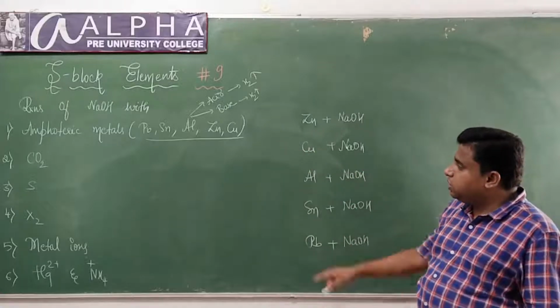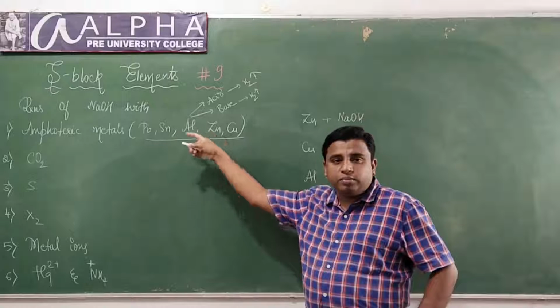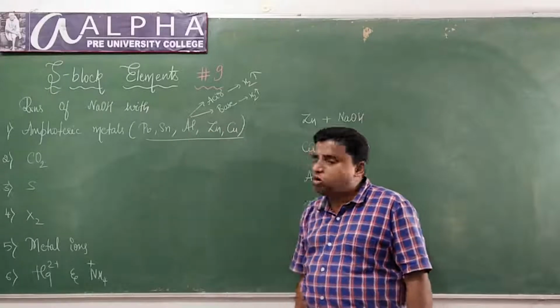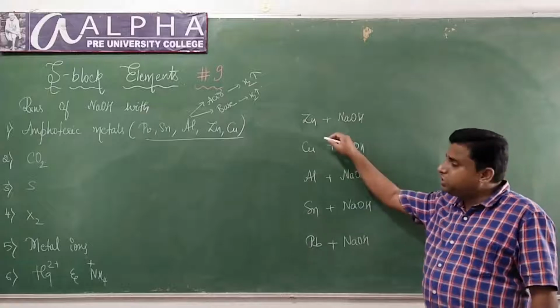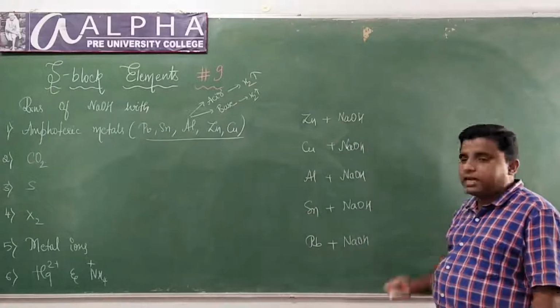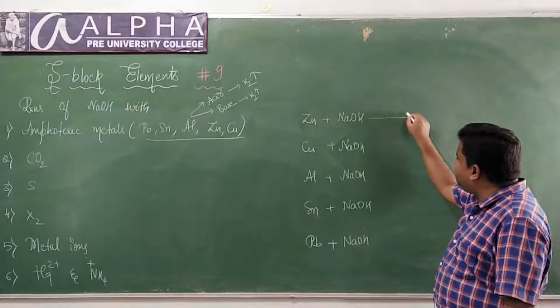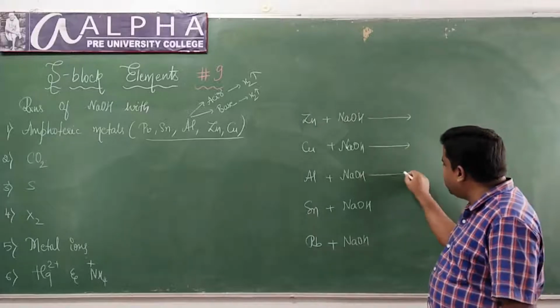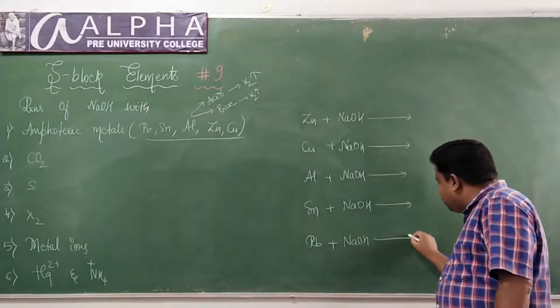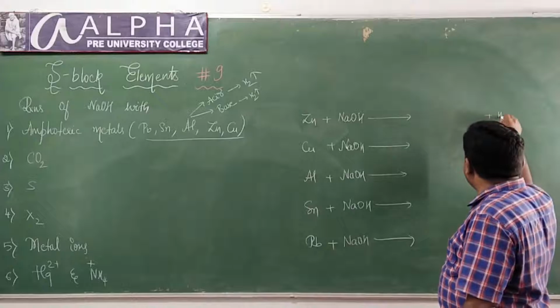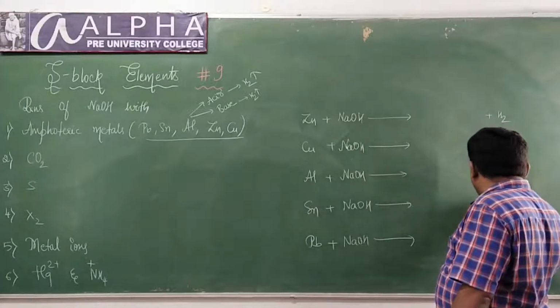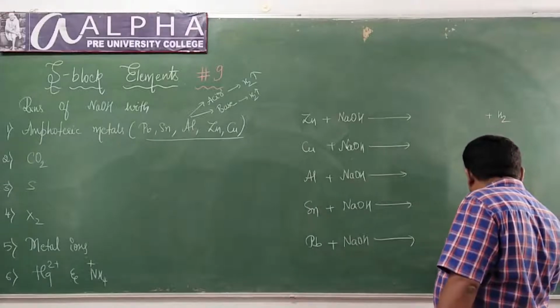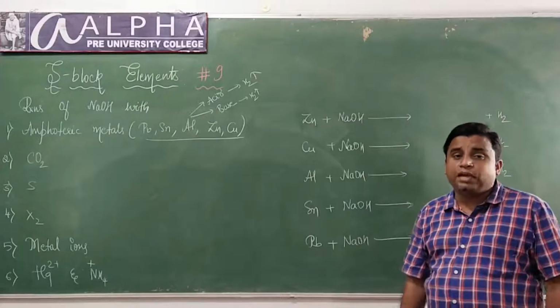So what happens when these amphoteric metals react with sodium hydroxide? They form peculiar compounds with the liberation of hydrogen gas. In all the cases they liberate hydrogen gas.